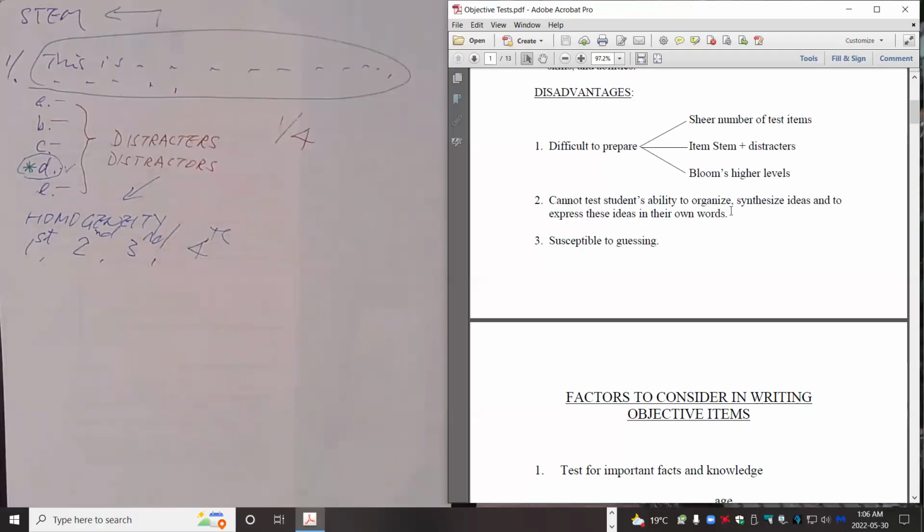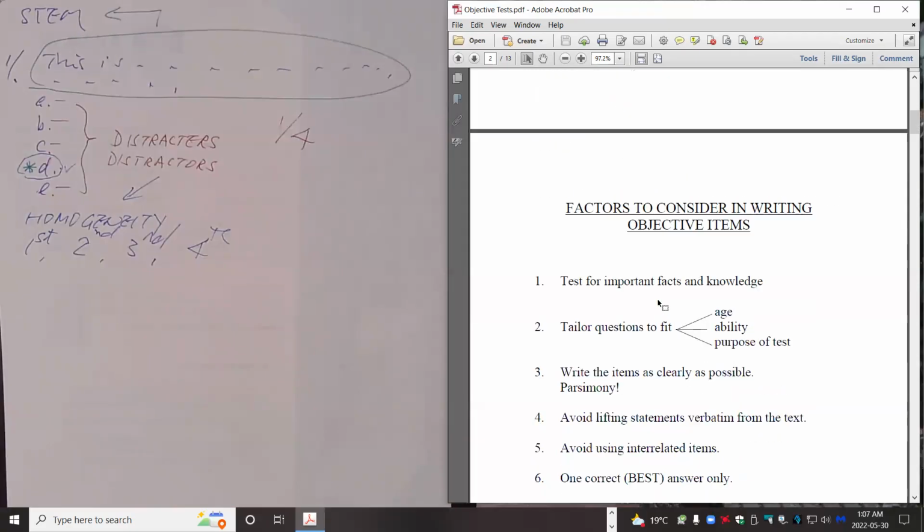But because the answer is already there for each item, objective tests are susceptible to guessing. This is the problem. Of course, psychometricians could handle this, but it is beyond the scope of this course to talk about it.